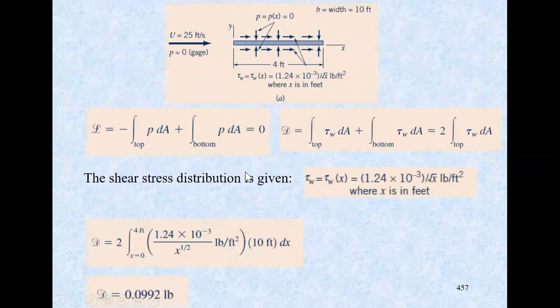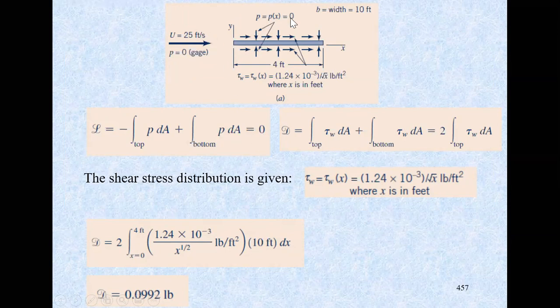The lift is caused by the pressure at the top and the pressure at the bottom. But since the area is the same between the top and the bottom, the pressure is also the same. P equal to Px equal to 0, meaning it's gauge pressure. So the lift will be 0.